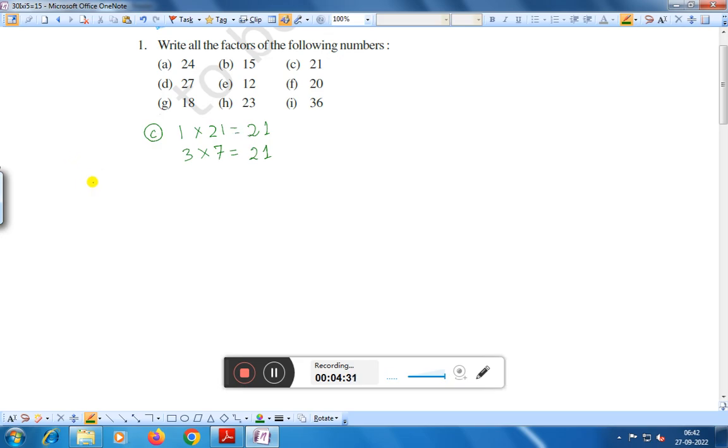Therefore, the factors of 21 are 1, 3, 7 and 21, right?